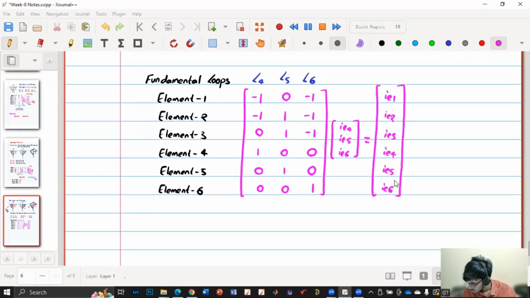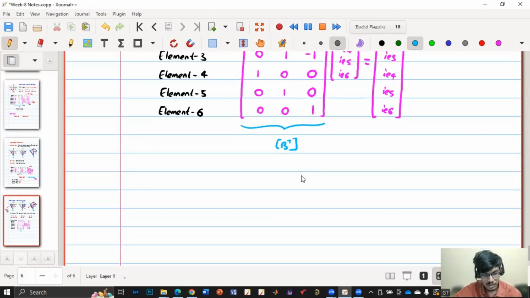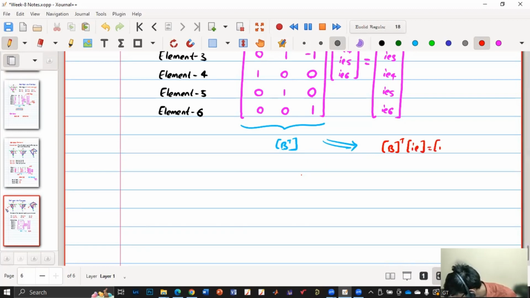So this we have B transpose. Okay. So the equation can be written as B transpose into I loop currents is equal to I E element currents.